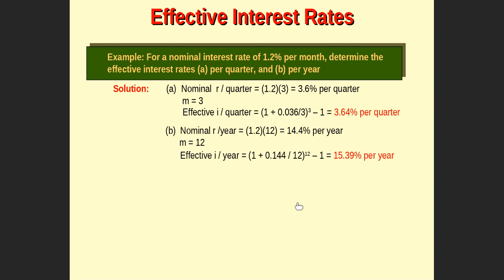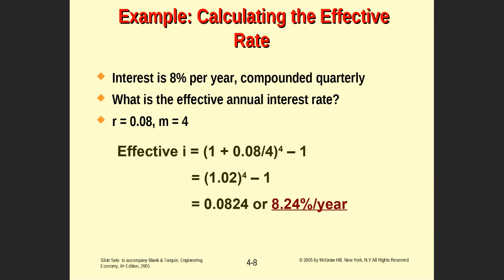Okay, taking another example here: the interest rate per year is 8, and the compounding is quarterly. What is the effective annual interest rate? When it says effective annual, that means it wants the effective per year.